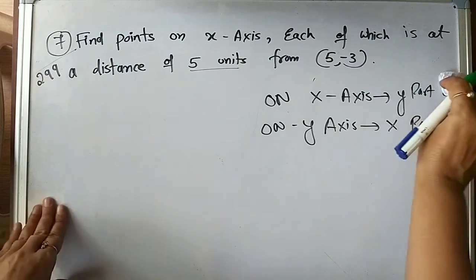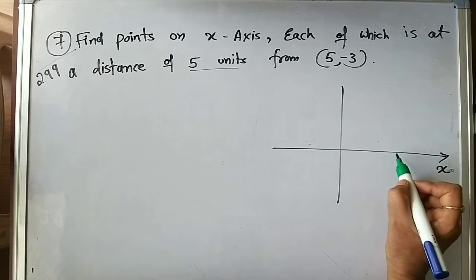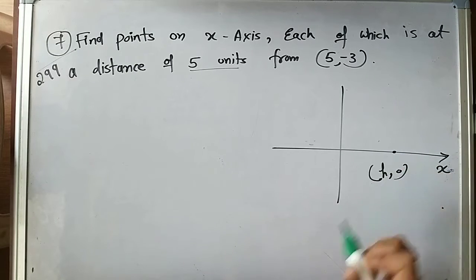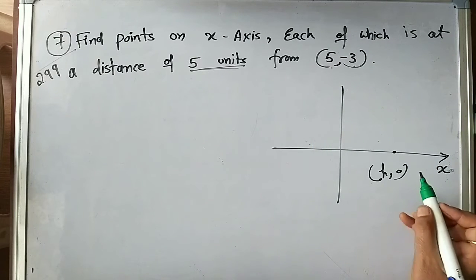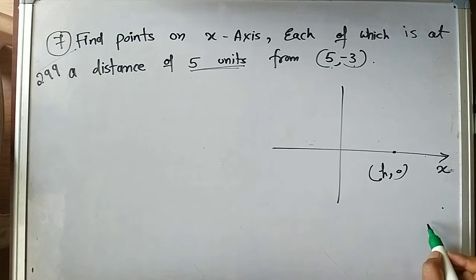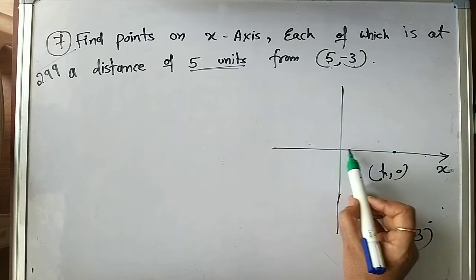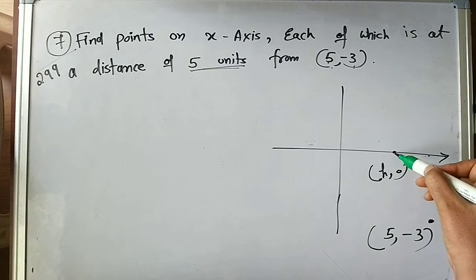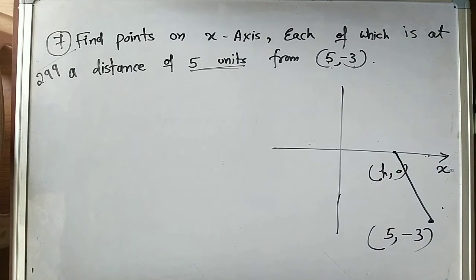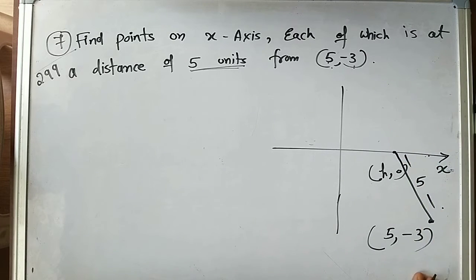So here they are saying there is some point on x-axis which is at a distance of 5 units from this point. This point will be somewhere here, say 5 comma minus 3, right? 5 is on the x-axis somewhere here, and minus 3 is in the negative y direction. They are saying the distance of these 2 points is 5 units. So we will just apply the formula.